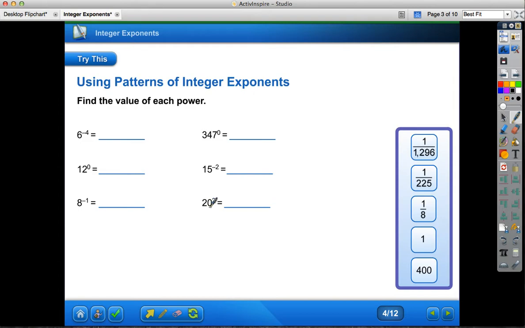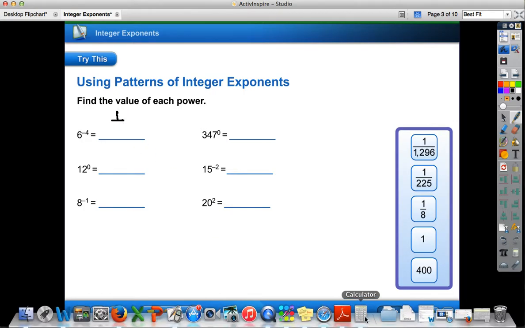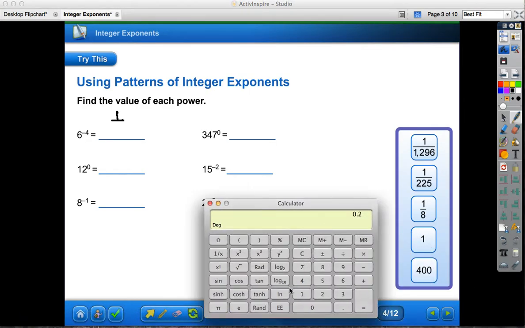All right, so let's take a moment and give these a shot. I know that in this case, my answer has to be a fraction because I have a negative exponent. So it's going to be 1 over something. Well, if I want to know what 6 to the 4th power is, I can multiply it out, or I can grab my calculator and type it in. 6 to the 4th power is 1,296.